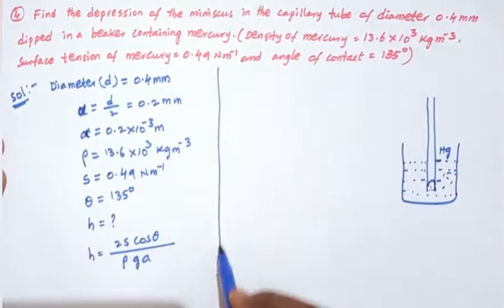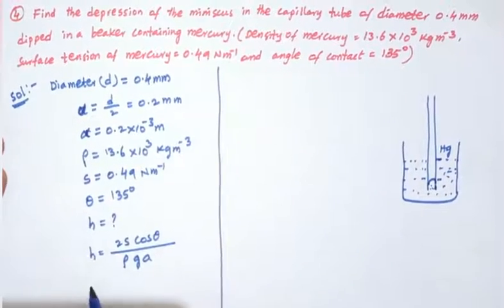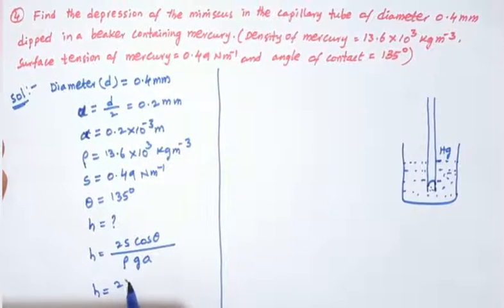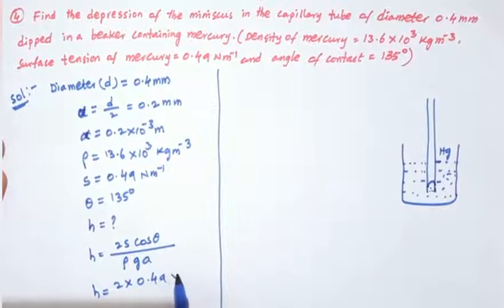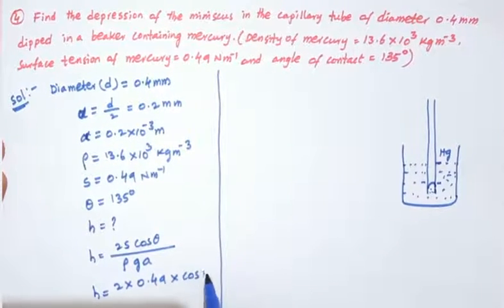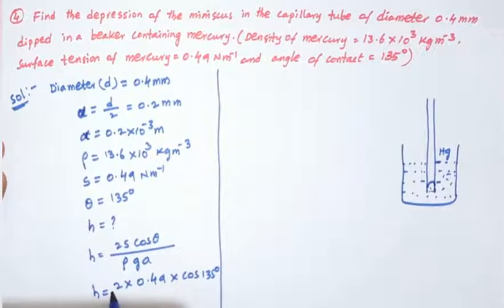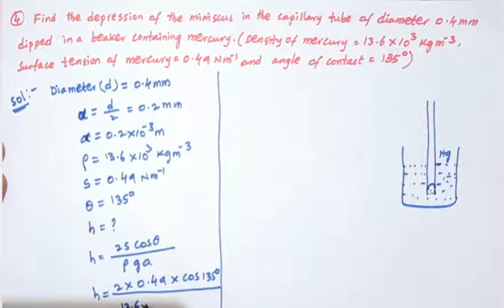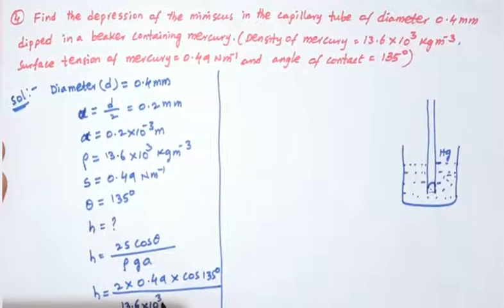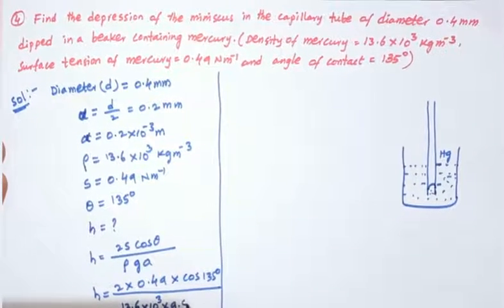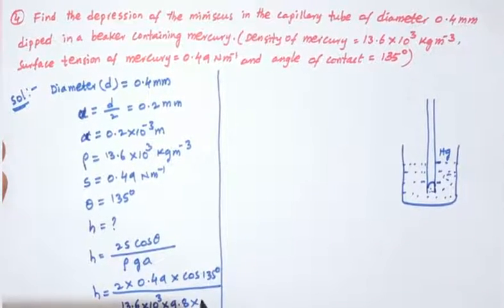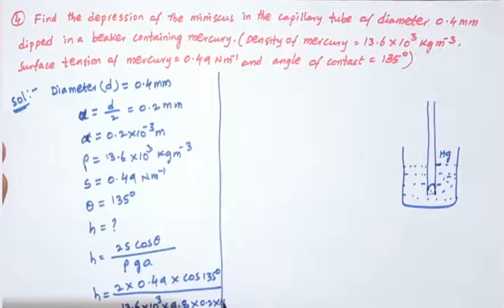Okay, substitute the values. H equals 2 into S equals 0.49 into cos 135, divided by rho equals 13.6 into 10 to the power of 3 into 9.8, and A equals 0.2 into 10 to the power of minus 3.